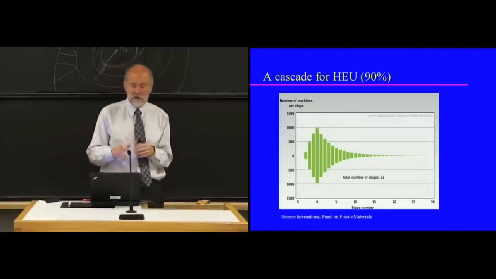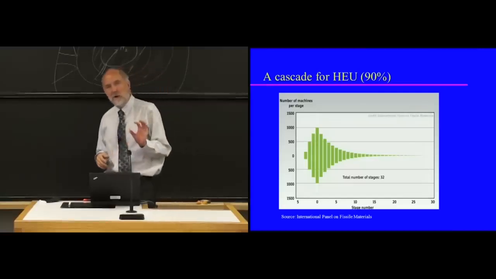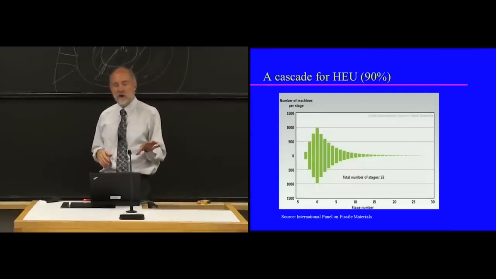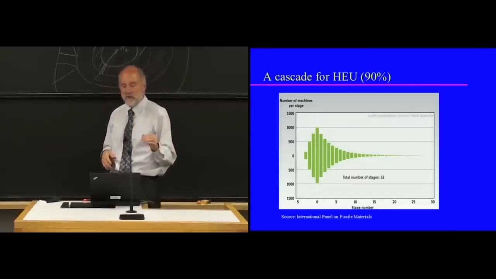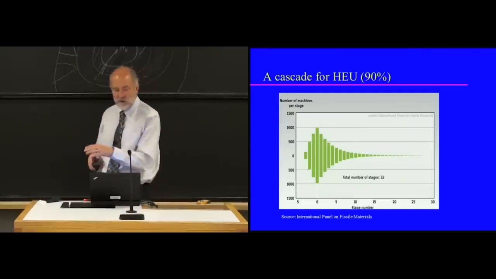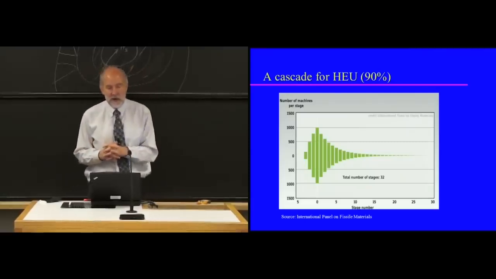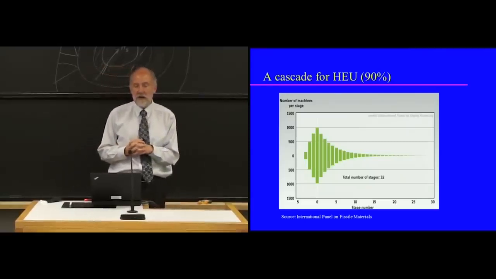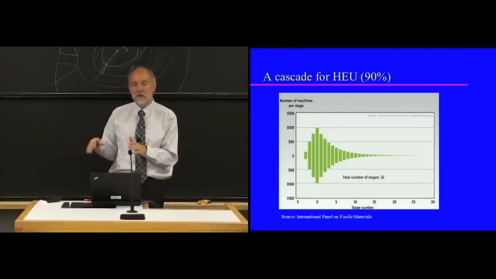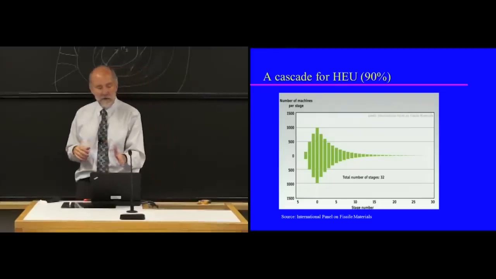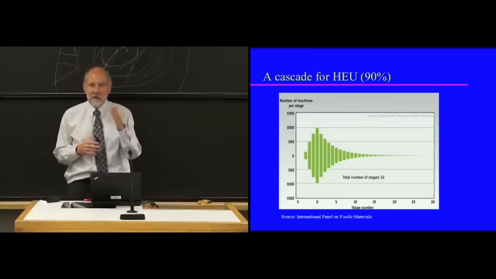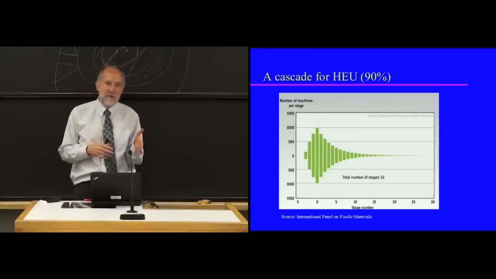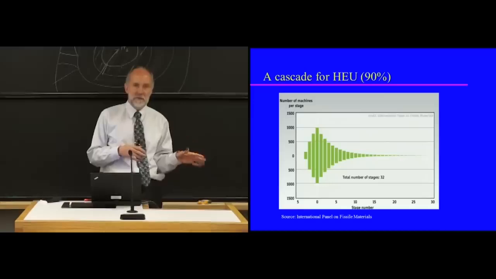So you would put the feed in at the largest of those green bars, and then as you get toward the smaller and smaller number of machines at each stage, you're getting to the more and more enriched material. And then the stuff toward the left of the tallest green bar is where you're stripping out the U-235 from the tails.